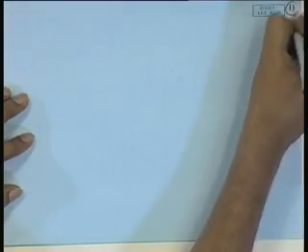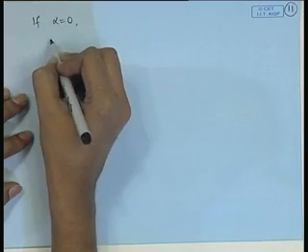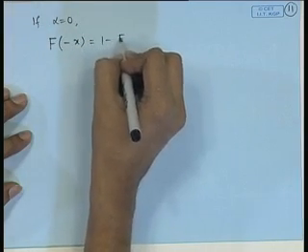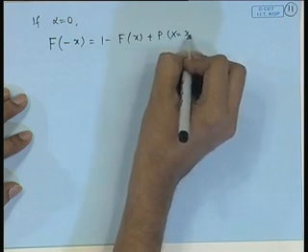In this definition, if we take alpha equal to 0, then this condition reduces to simply F of minus x is equal to 1 minus F of x plus probability X equal to x.